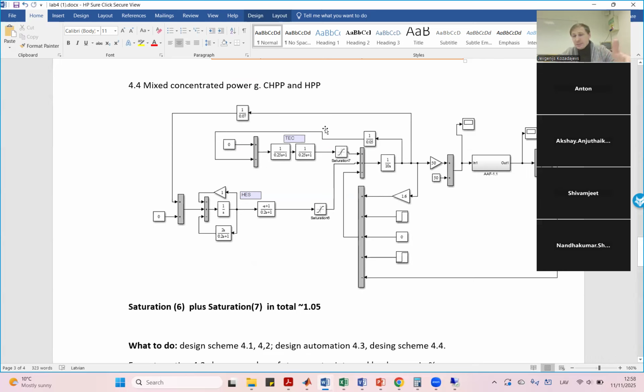This scheme is still concentrated. We unite all power like one node, but we separate these types. So this is for CHPPs, this is for hydropower. If we have any other, we could put it in parallel because this is a bus, and we connect it in parallel.